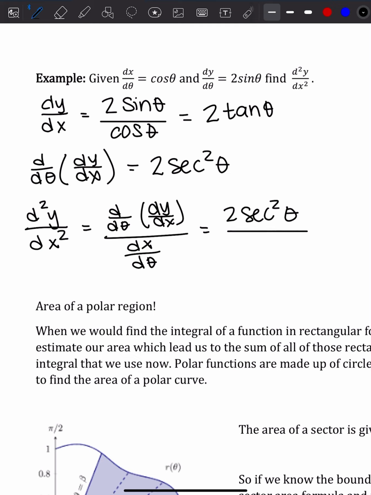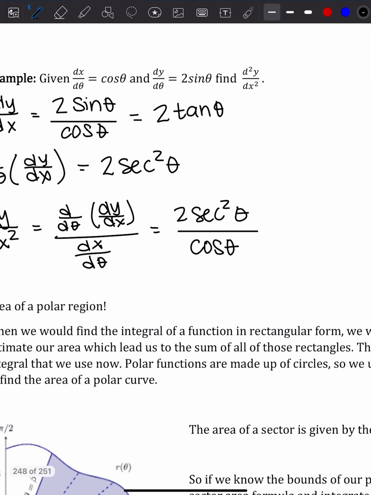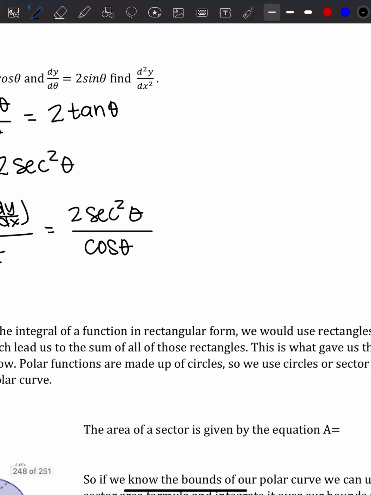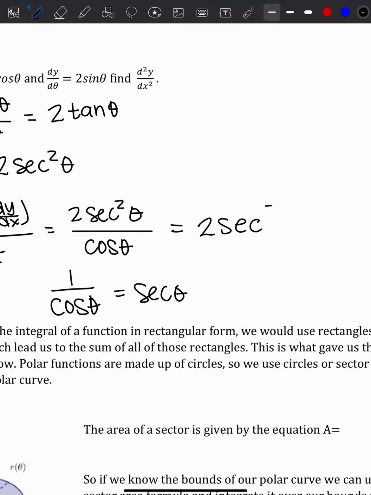And they gave us dx over d theta in the problem, which is cosine theta. The really nice thing with this particular problem is that dividing by cosine is the same thing as secant. So this is really 2 times secant cubed theta, because we already had 2 and now we're multiplying it by another secant.